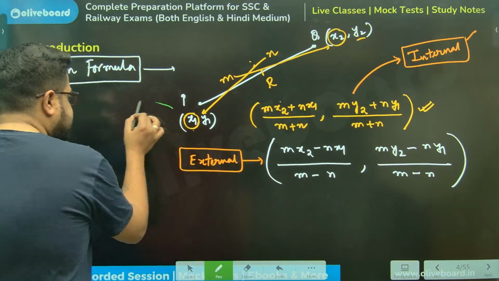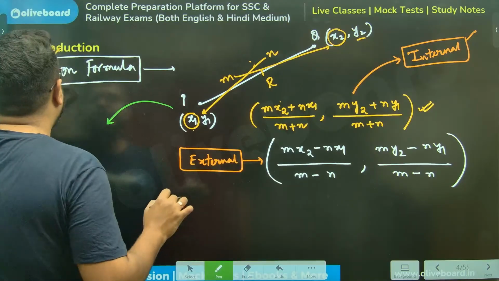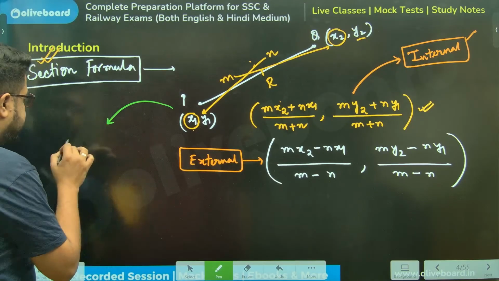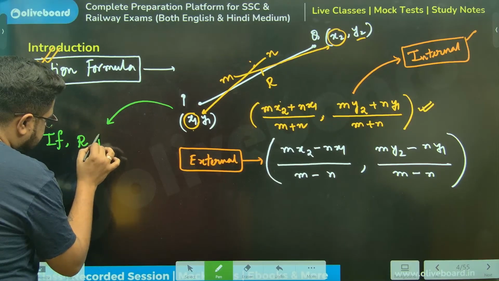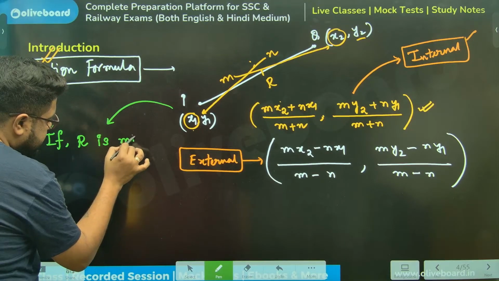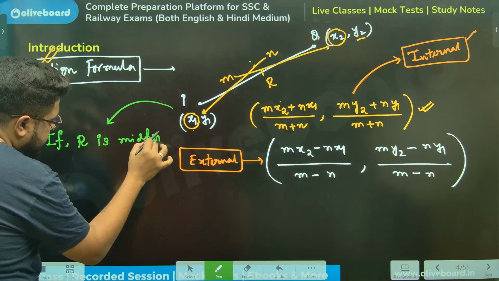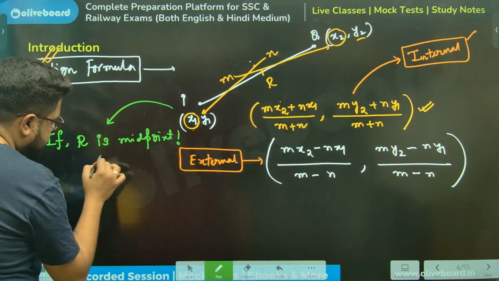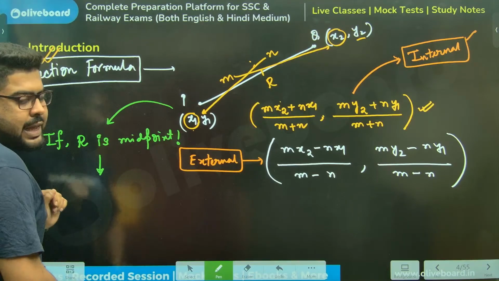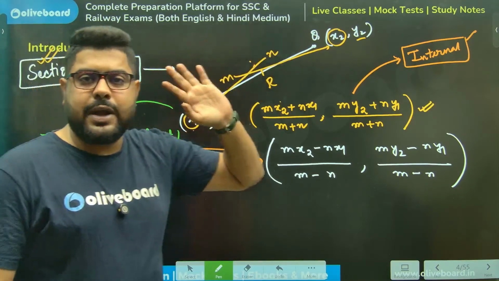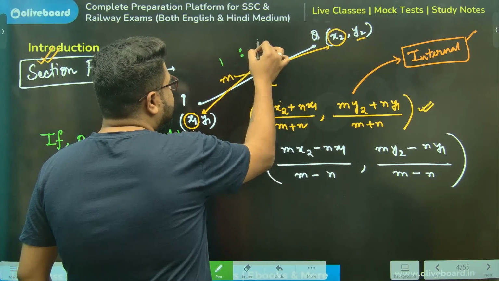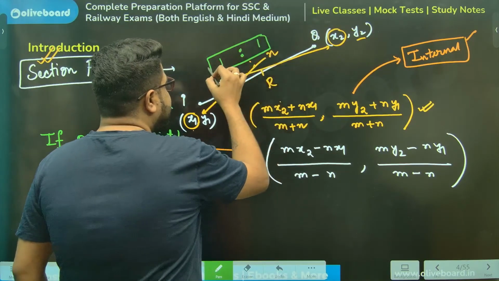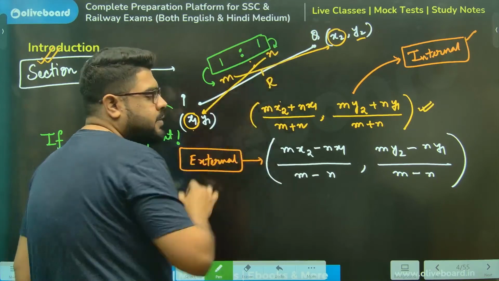Now, for the internal section, please understand, what if R is the midpoint? Tell me what will happen then. If R is the midpoint, this ratio will become 1:1, meaning M is 1, N is 1.